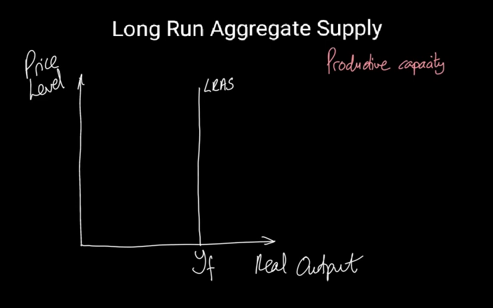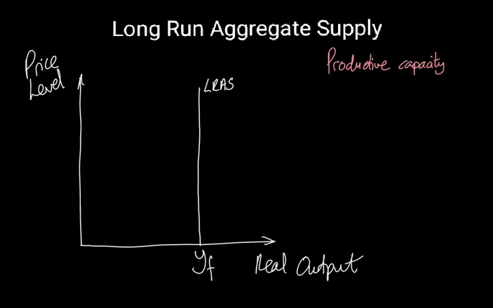So if the economy wants to change its productive capacity, if it wants to move to the right, because obviously it wants to be able to produce more, it needs to change the level of the factors of production within the economy or the efficiency with which they are used.